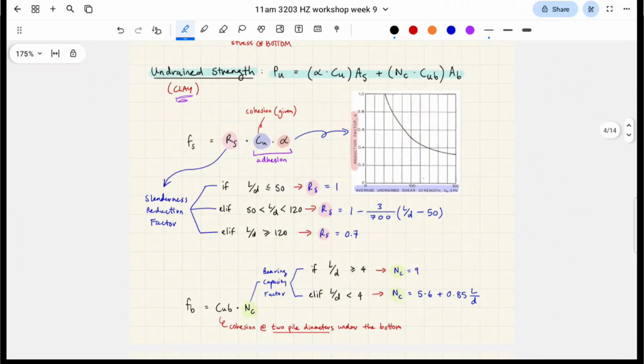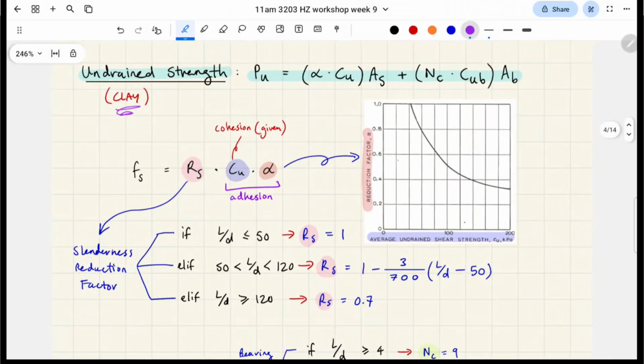For undrained strength, we actually don't care about the vertical stress distribution, right? It's actually a function of adhesion. Adhesion is the cohesion multiplied by something called alpha. Alpha is a reduction factor, right? So your cohesion is always going to be bigger or equal to your adhesion, essentially, right?